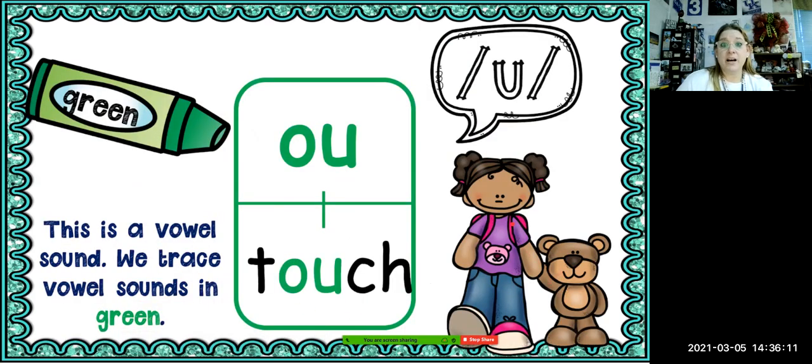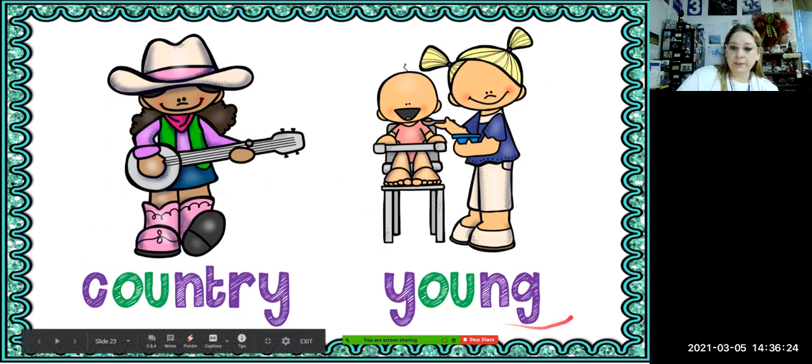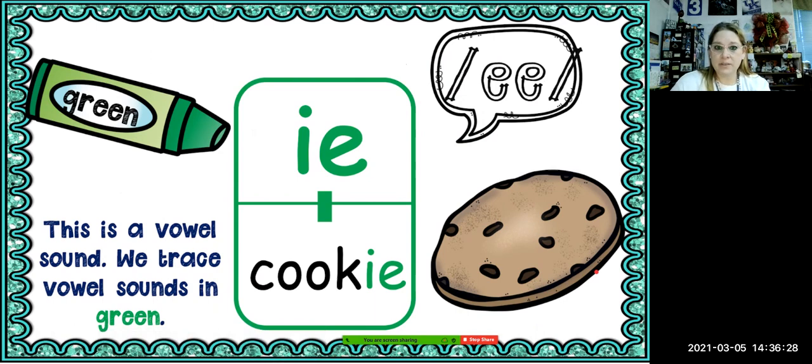We've learned the sound with the spelling OU, like in touch, which is also a vowel sound. Like in country and young. And we have learned the E sound with the spelling IE, like in the word cookie, which is a vowel sound also.